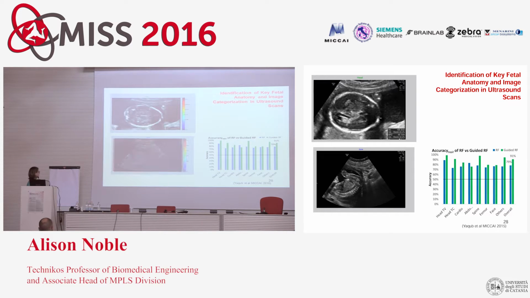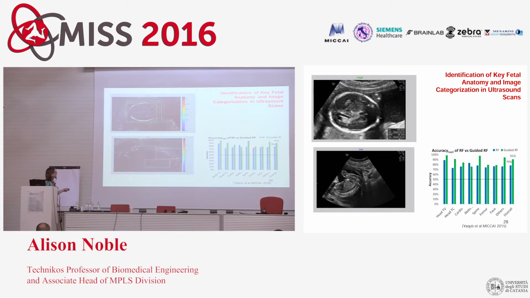In terms of accuracy, these were the results at MICCAI. The overall accuracy for detection of all the different classic views is 91%. The guided version using the template is an improvement on 79% without, under similar implementations.